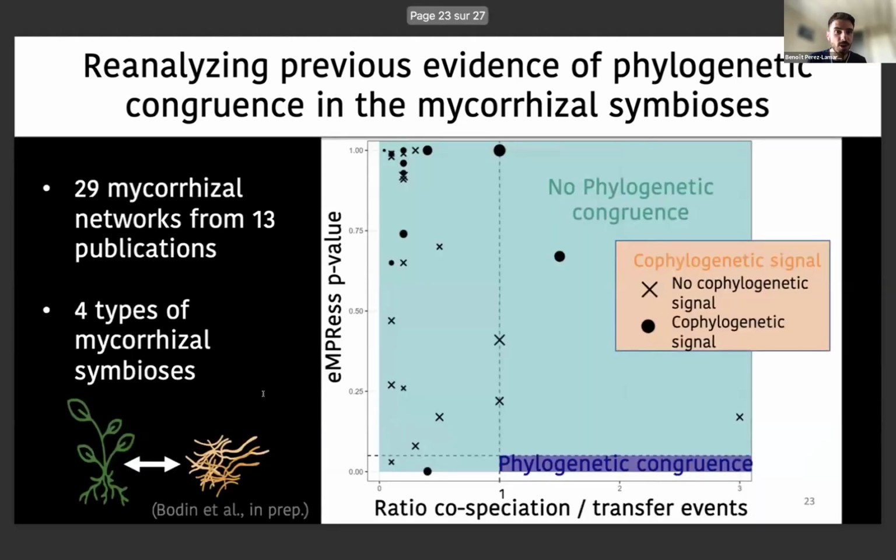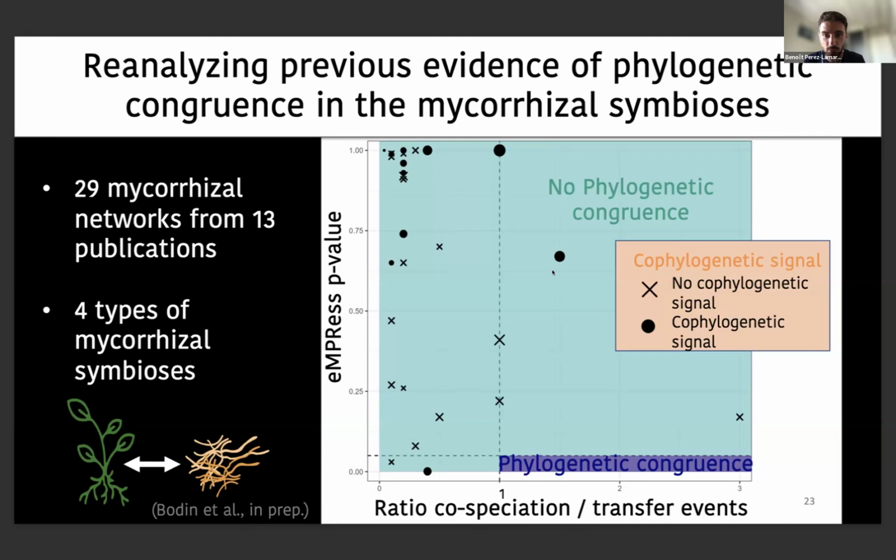This is work that has been done by Fantine Baudin this year. She looked at the literature and tried to assemble as many mycorrhizal networks as possible, with the phylogenetic trees of the plants and the fungi from different publications. We targeted different types of mycorrhizal symbiosis and also looked at different spatial and temporal scales. She ran co-phylogenetic methods and event-based methods.